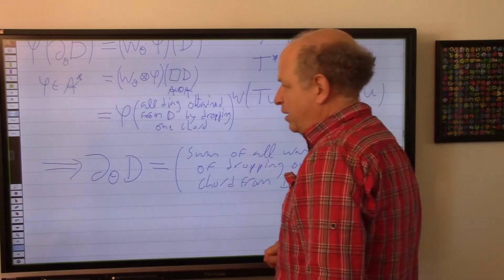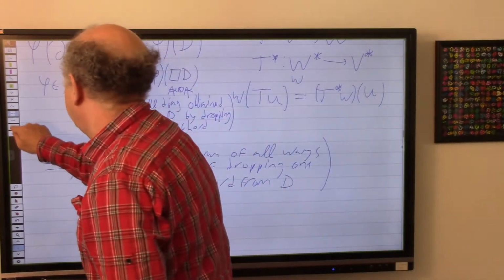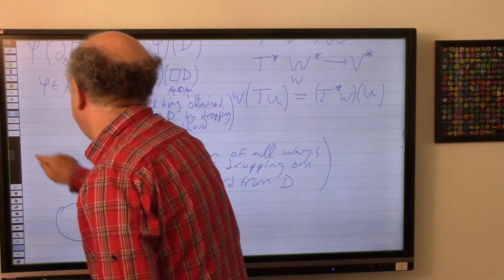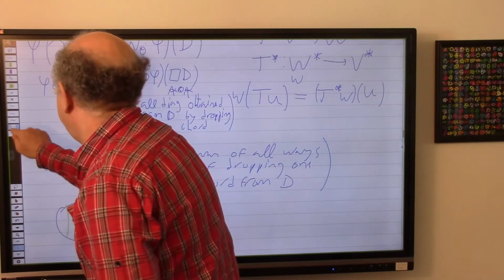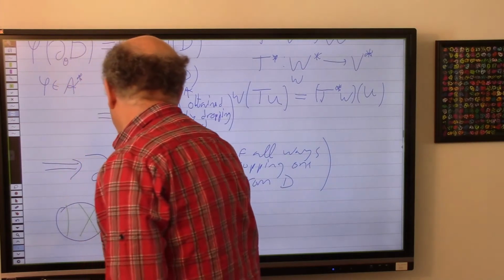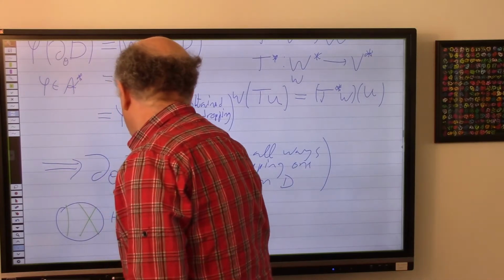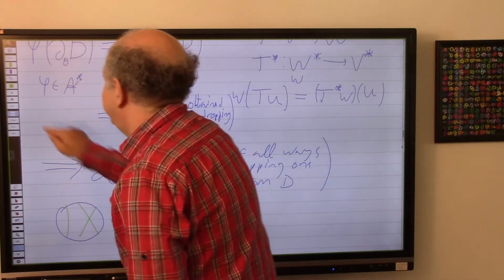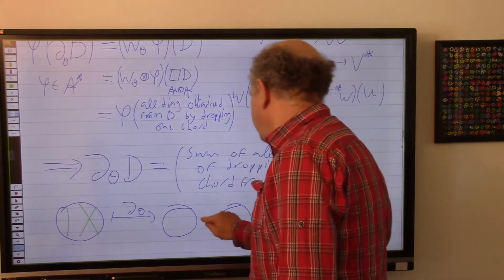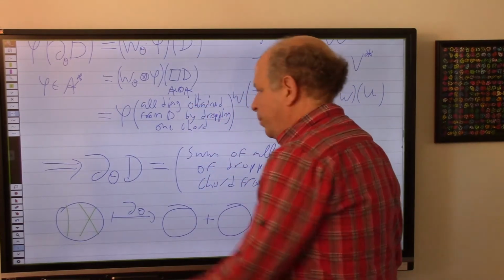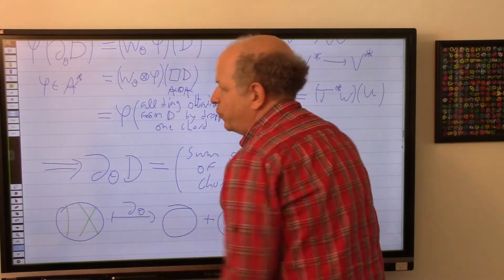Okay? So for example, suppose we start from the chord diagram written here, then d theta will map it to a sum of three terms, each obtained by dropping one of the chords from here.